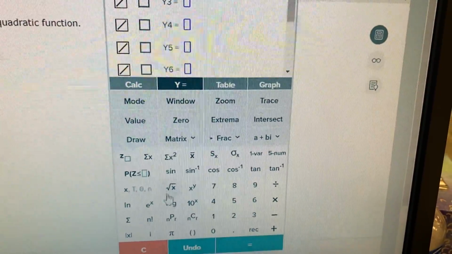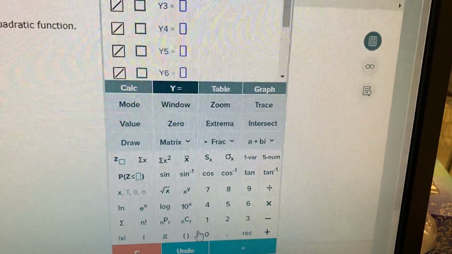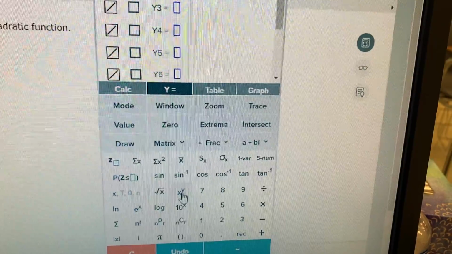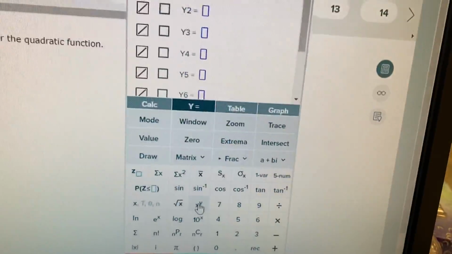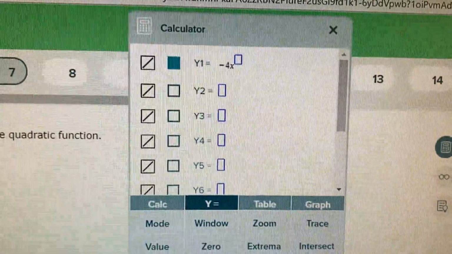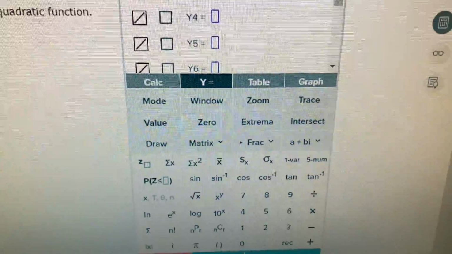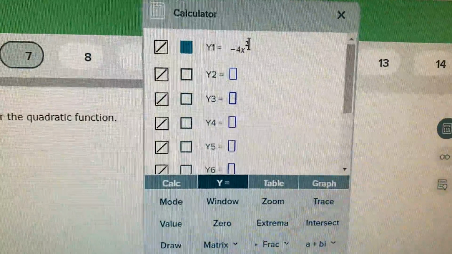which is, excuse me, it might take me a minute. I guess we'll use that right there, the x to the y, because I don't see a dedicated x squared. I might have missed it, but see, then it puts a little box up there, and then you're gonna do 2. Now, what you gotta remember is you gotta get off of that exponent.